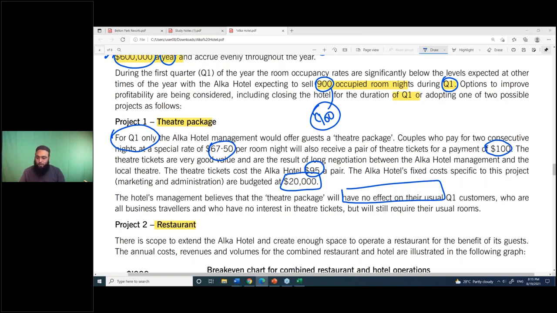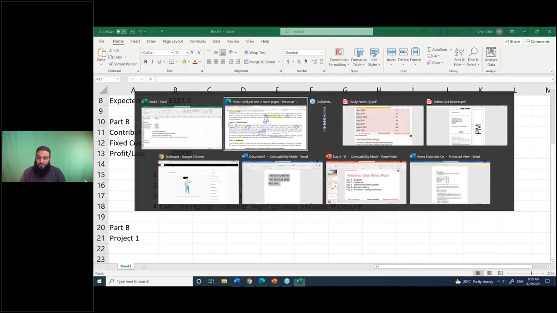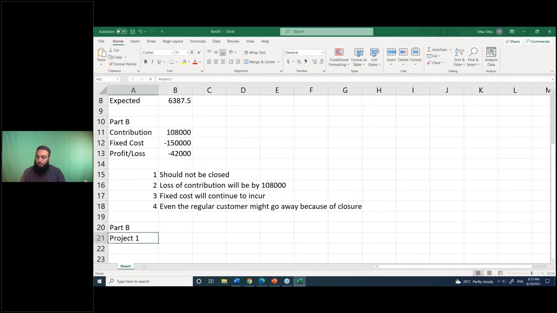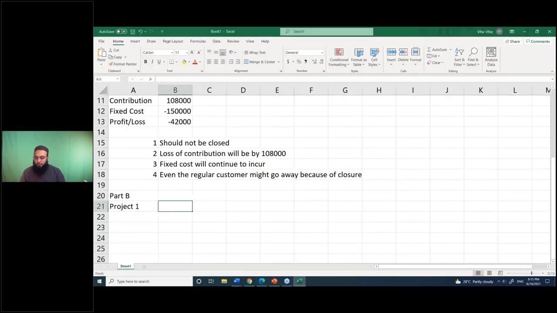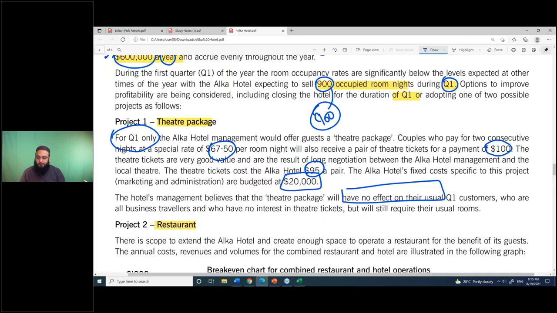Project 1 is about the theater package, and let's now think how we need to work this out. So be with me and let's have a look exactly what we need to do.